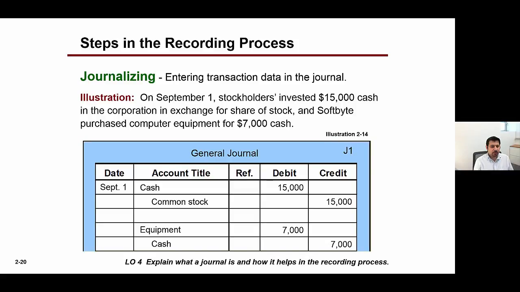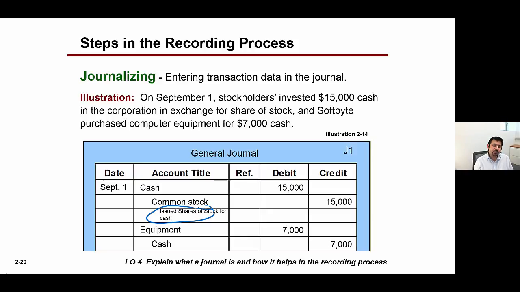As you remember, there's one thing that is still missing, and that is this part here. What do we enter here? We need to enter an explanation of what this transaction is about. Why have these accounts changed in this way?